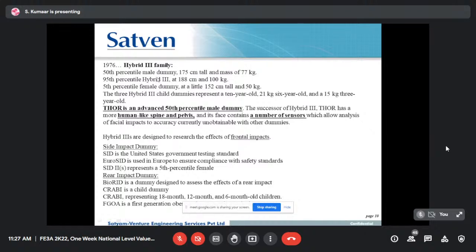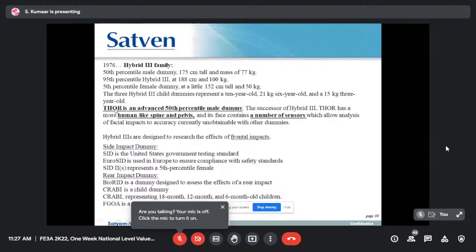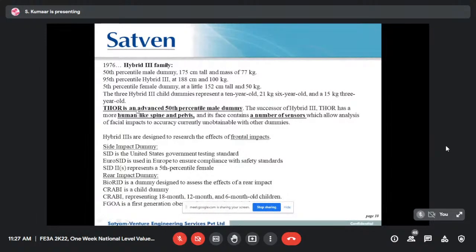Next, there is another improvement from the Hybrid 3 family, a dummy called THOR. THOR means Test device for Human Occupant Restraint. It is an advanced 50 percentile male dummy. We already have a 50 percentile dummy, but this one is advanced.